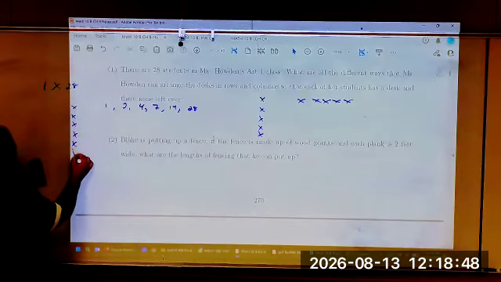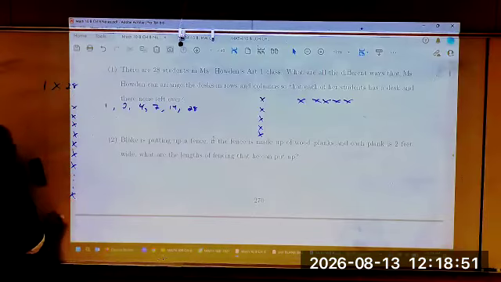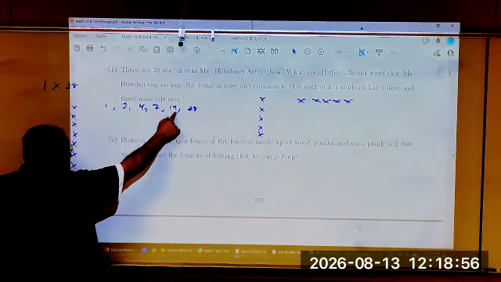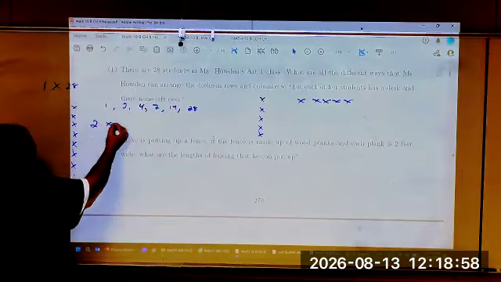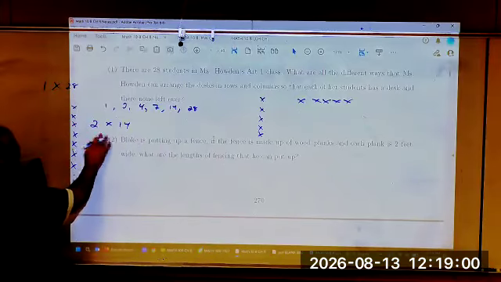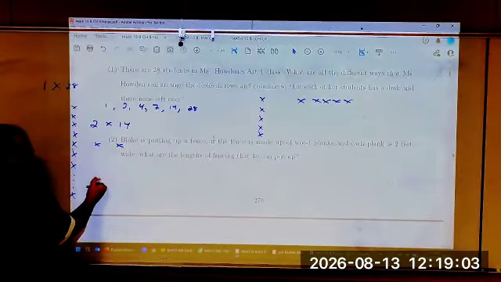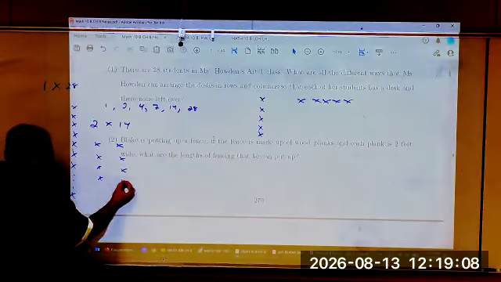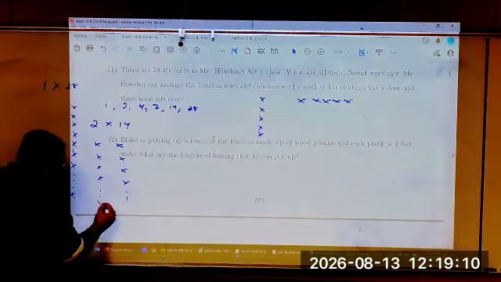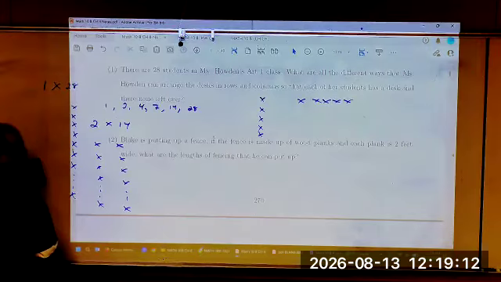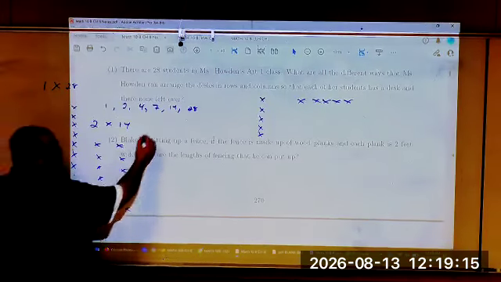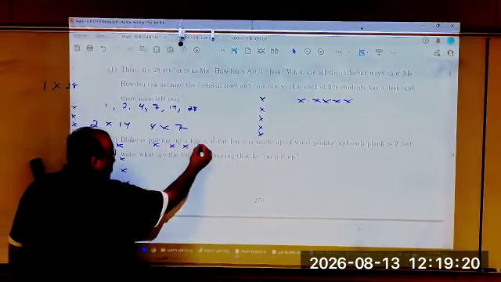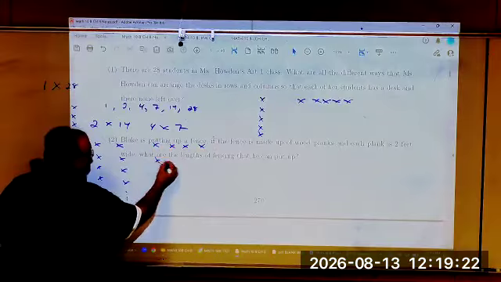So you have 28 desks like this, which is probably not the best way to do it. Or you can do 2 times 14. So that would be 2 by 14. So you have 2 columns, and each one has 14 desks in it. Or you can do a 4 by 7. So you have 4 columns with 7 desks in it.